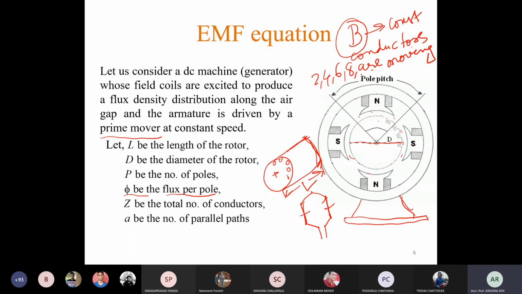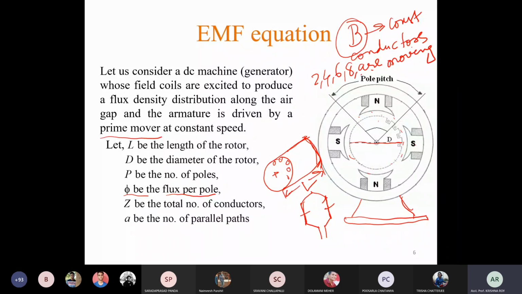So this mechanical rectifier is the commutator. Now in case of motoring mode of operation, we give DC voltage that will be converted into AC by this commutator, and then it goes to the rotor. So the commutator is nothing but a mechanical rectifier which rectifies DC to AC as well as AC to DC. In case of generator, it converts AC to DC. In case of motor, it converts DC to AC.